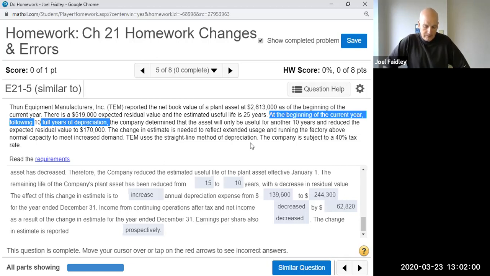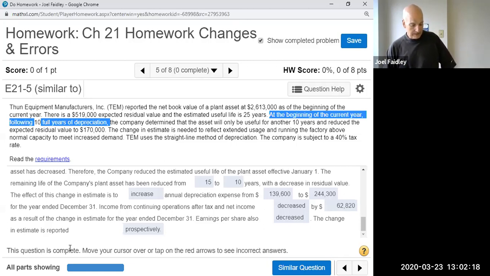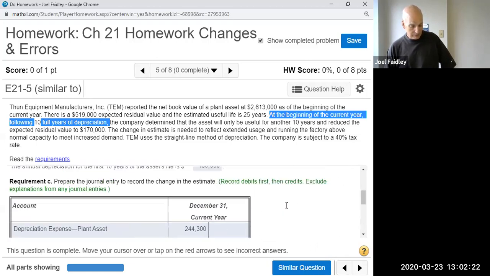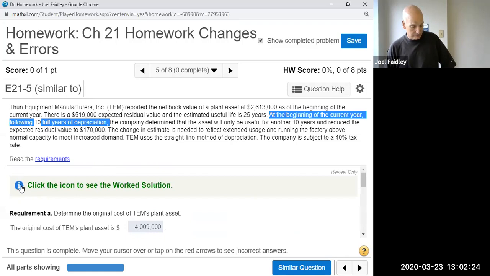Income from continuing operations after tax and net income decreased by $62,820. That's just the, what, 40%? Changes in estimate reported prospectively decreased by $62,820. Let's go up here and look at the solution.